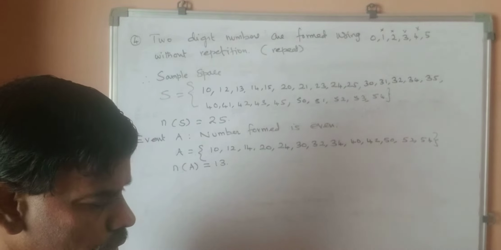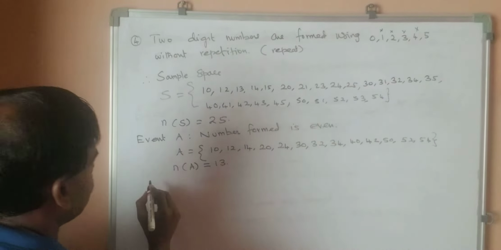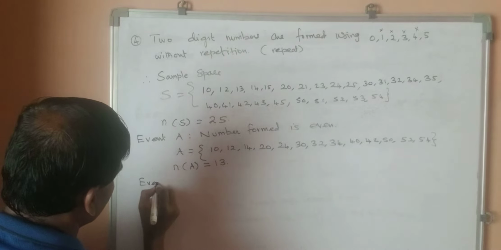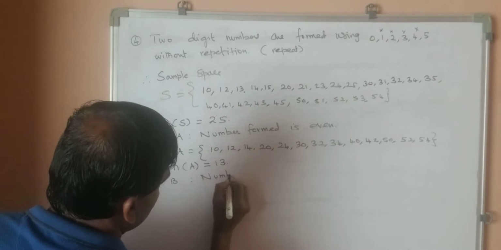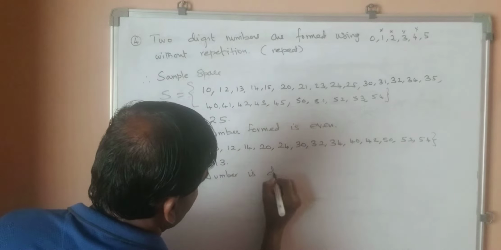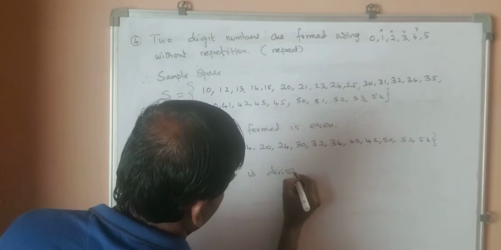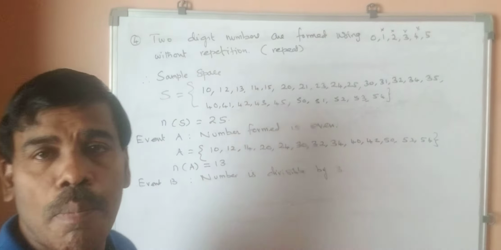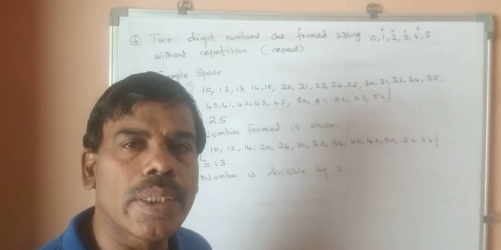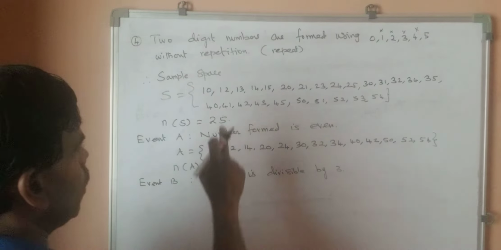Condition, event B, the number is divisible by 3. So, the number should be of the 3 table. It should be 3.